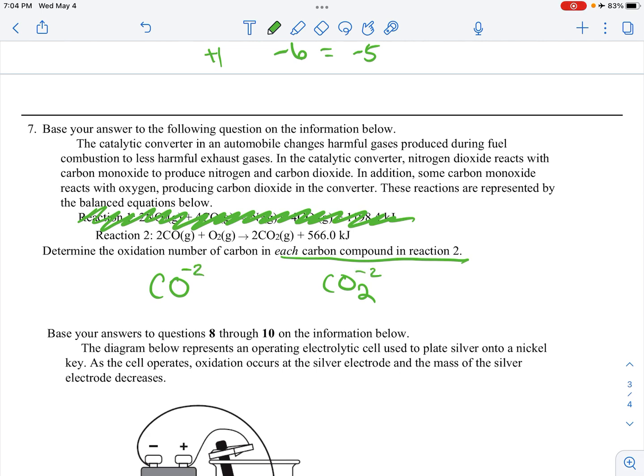In the first case, if oxygen's a -2, carbon has to be +2. So +2 in the first one. In the second one, we have an overall -4. So carbon is going to become a +4. So you have a +2, and then you have a +4.